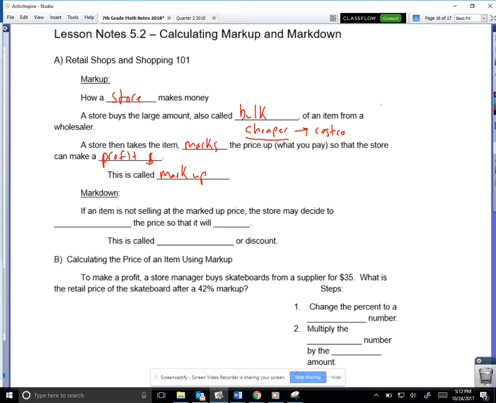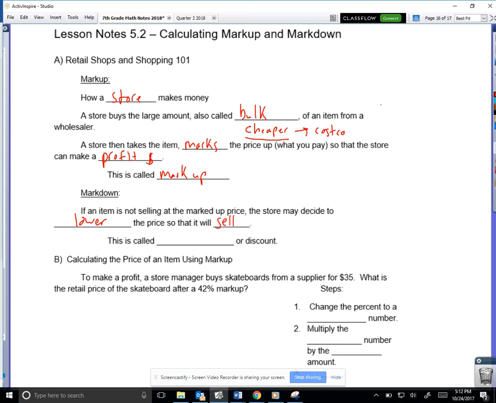So let's take a look at a markdown. Let's say an item in the store is not really selling. They give it a price, but nobody's buying it. If an item is not selling at the marked up price, the store can sometimes decide to lower the price so that it will sell, because they want to get rid of that item so that they can get some more stuff.